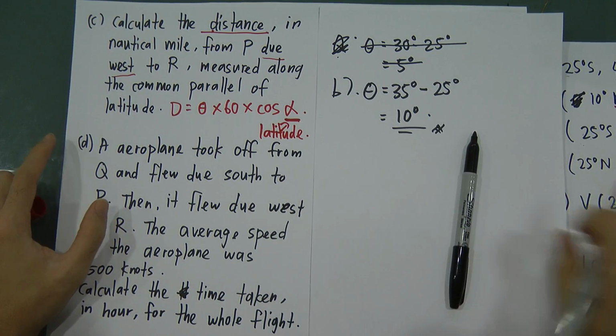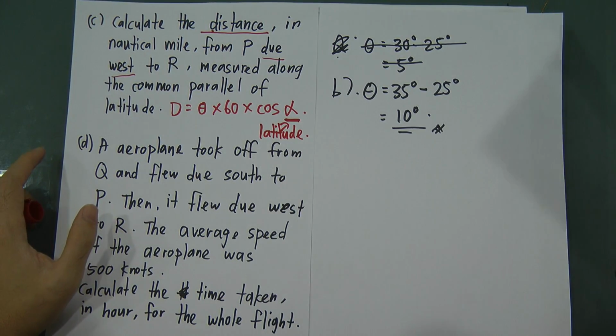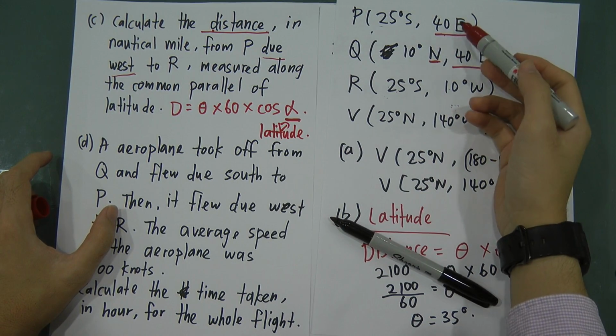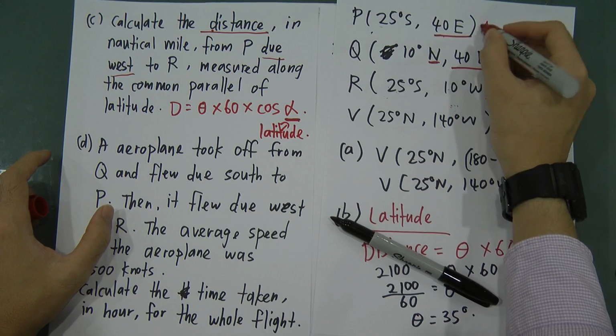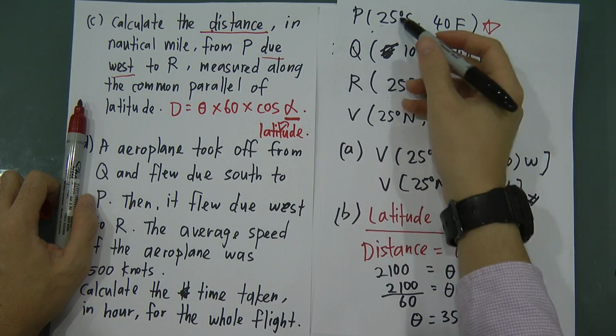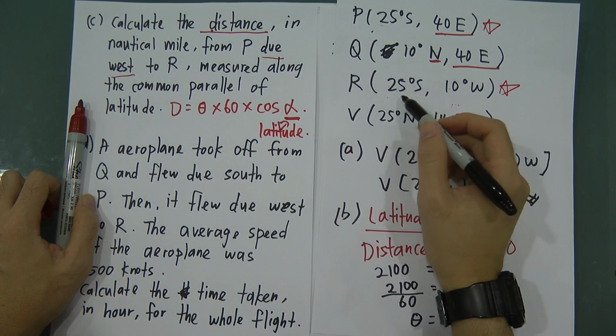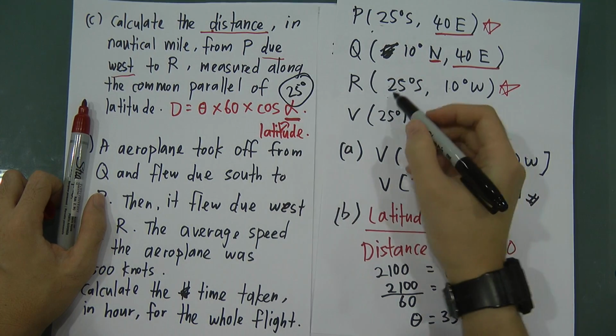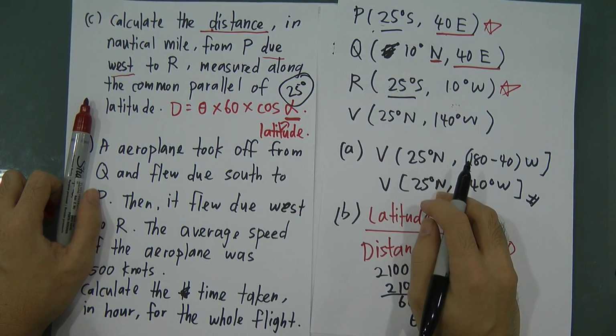So, for example, in this case, I find P and R. From P to R, both of them are located at latitude 25, so my alpha over here is 25, because both of them are at 25.